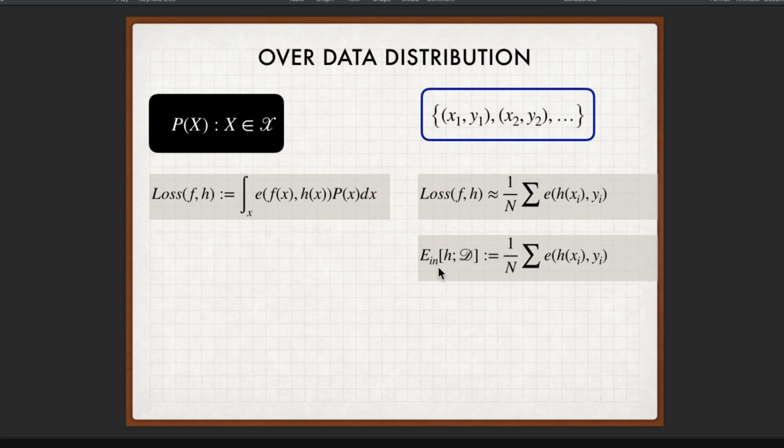That is the overall error measured within the training data set, the training samples: the in-sample error of some hypothesis H. And we will call the integration over the unknown data distribution, computing the difference between the hypothesis and the unknown target function, the out-of-sample error.